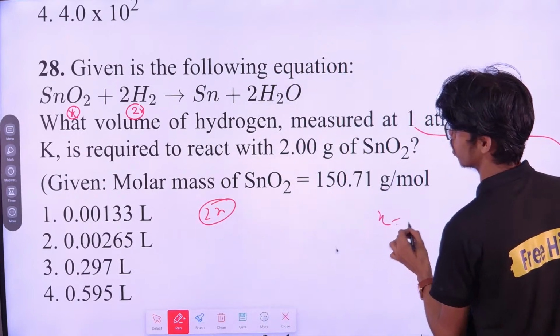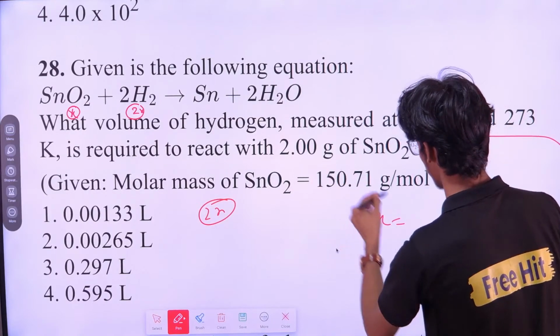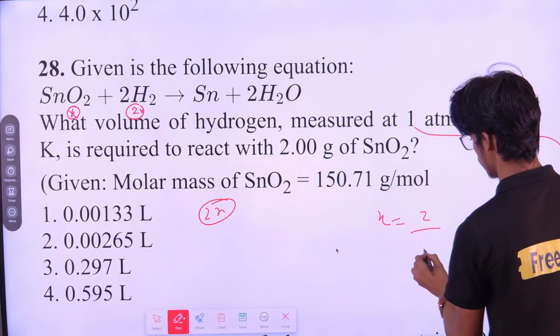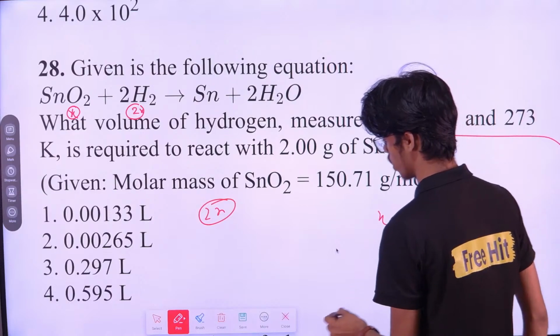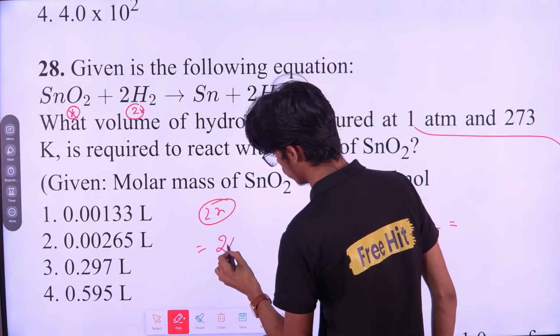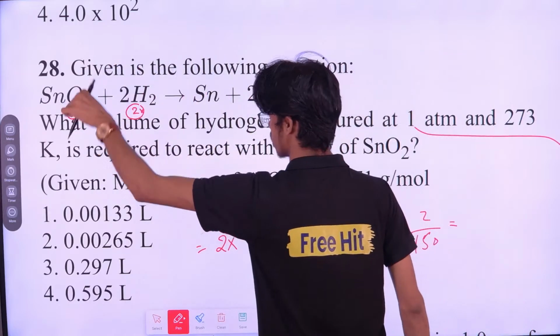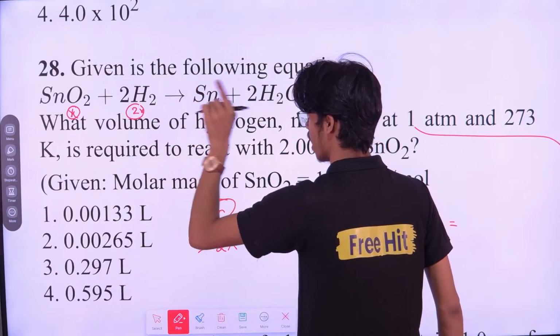So x is equal to 2 by 150, where 2 is the given mass of SnO2 upon the molar mass. This is the value of x. Whatever the number of moles present for SnO2, twice that is required to react with the hydrogen.